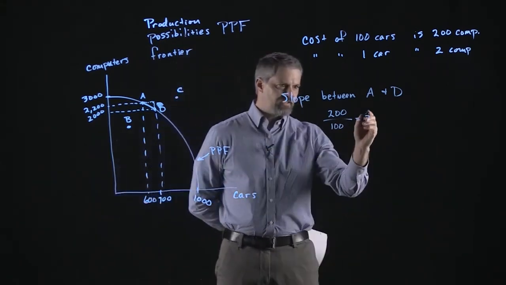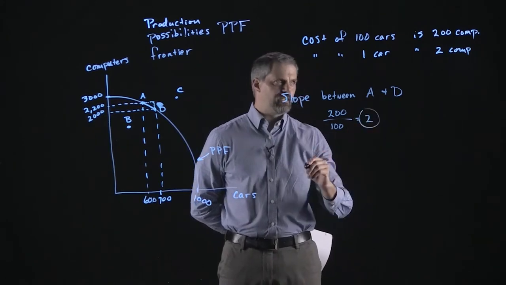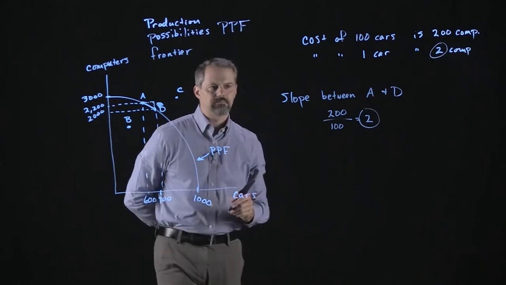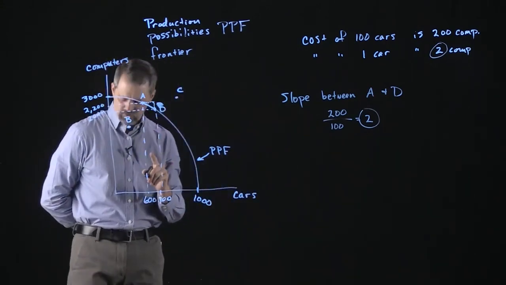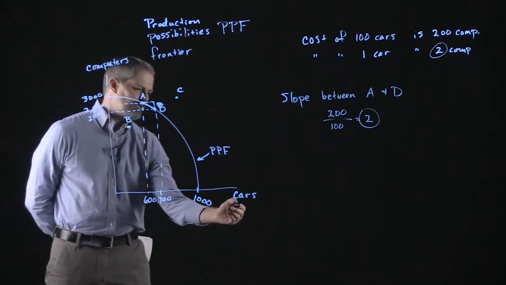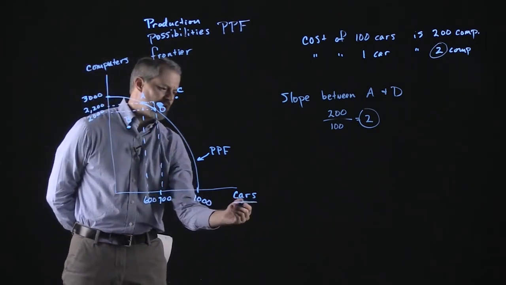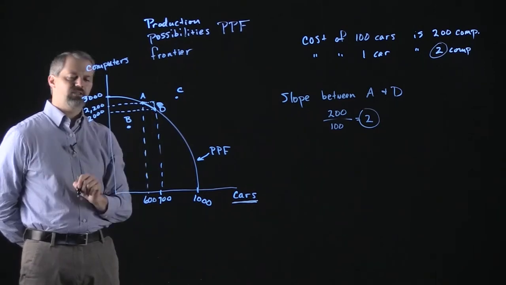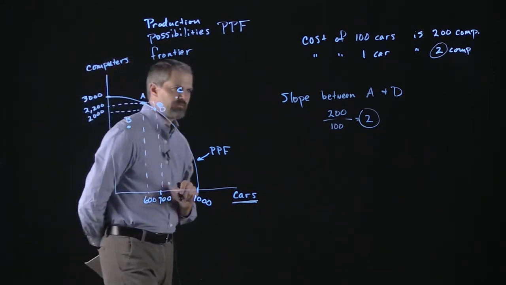Notice that the slope of the PPF right there is exactly equal to the opportunity cost of a car. So we get an important result here, and that is that the opportunity cost of the good on the horizontal axis is given by the slope of the production possibilities frontier. Okay?